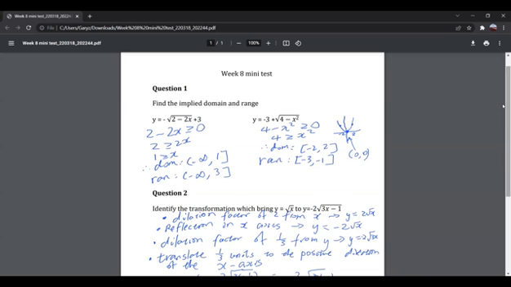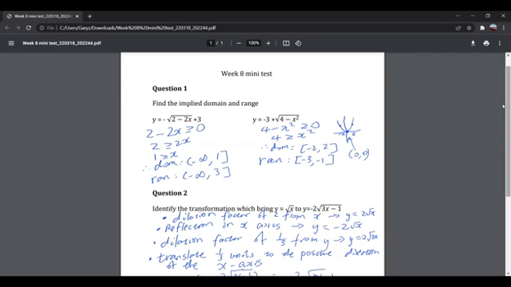We can see on the graph that x gives the same value at negative 2 or 2, so that's not the implied range we're looking for, because we're looking for the greatest and the smallest value that the square root can produce. So inside the square root, we have 4 minus x squared.